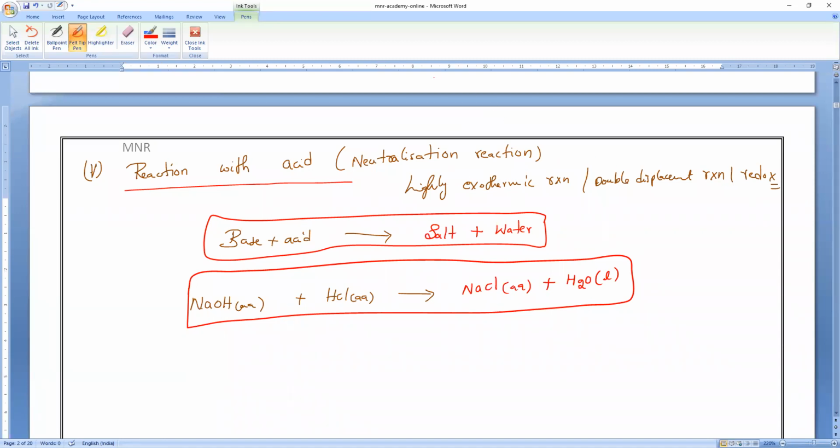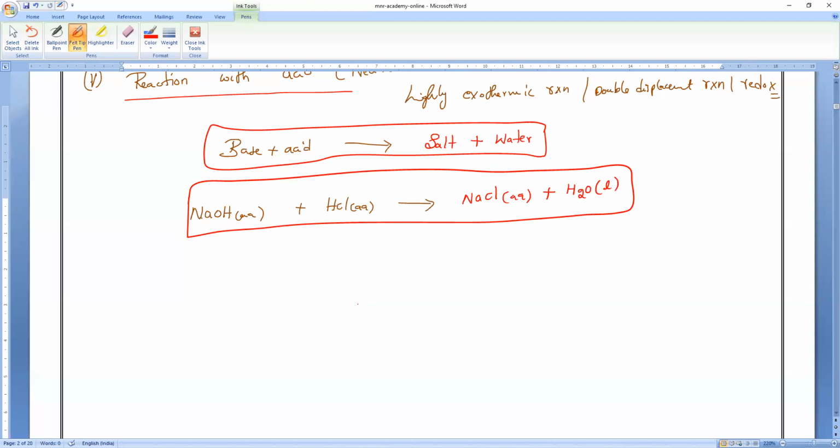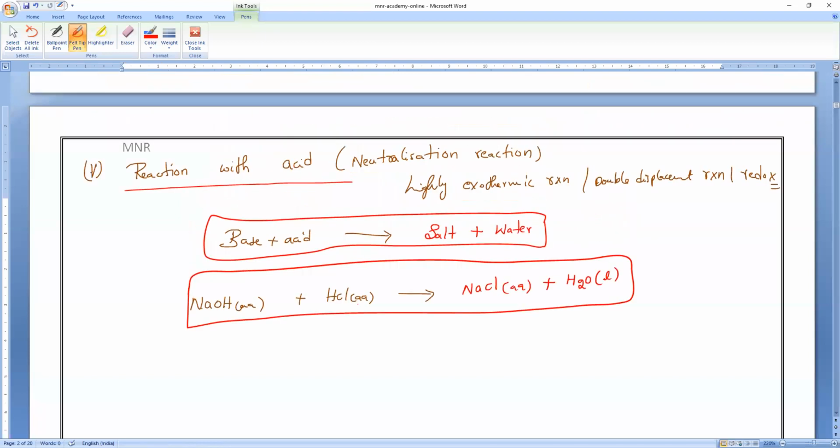Are we studying the neutralization reaction for the first time? Even the basic thing you don't know. What can I do? That is what is happening. So make it quick now. Once it is completed, let me know. This is about the chemical properties of bases. Anybody having any doubt? Let me know. Abhirami, clear? Everything? Hasini? Yes, sir.